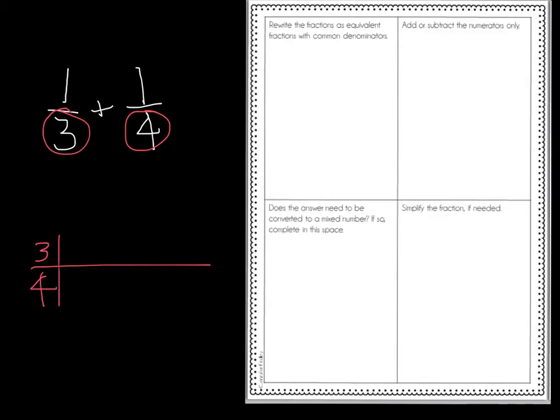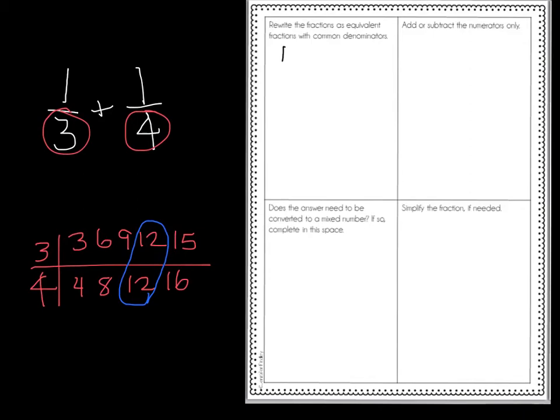So let's see. Multiples of 3: 3, 6, 9, 12, 15. Multiples of 4 are 4, 8, 12, 16. My least common multiple is 12. That means that over here, I need to rewrite the fractions as equivalent fractions with 12 as the denominator.